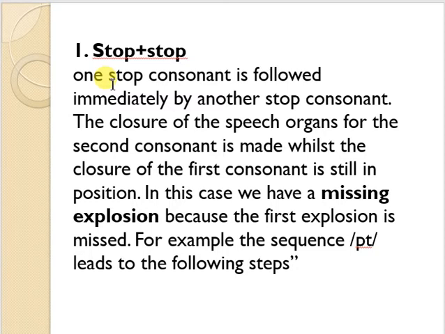لكن in case we have two stop consonants appearing one after the other immediately، إيش راح يصير عندنا؟ راح يصير عندنا ظاهرة تسمى missing explosion. شنو يعني missing explosion؟ مو عندنا two stop consonants، معناها we have two closures and we have two explosions، مو صحيح؟ لكن اللي دا يصير انه راح يصير عندنا two closures، مرتين ينغلق الهواء، وبفعل الانغلاق احد الاكسبلوجنز راح تختفي.